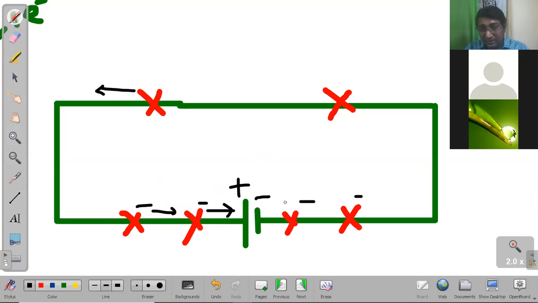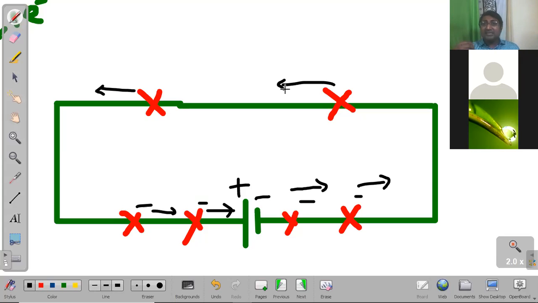Here, your battery negative is a negatively charged plate, and electrons are also negatively charged. Negative-negative, we already know, is repulsion, just like magnetism. So all these electrons get pushed out over here. The electrons are pushed from the negative plate and attracted towards the positive plate. So the electron movement is from battery negative to battery positive.